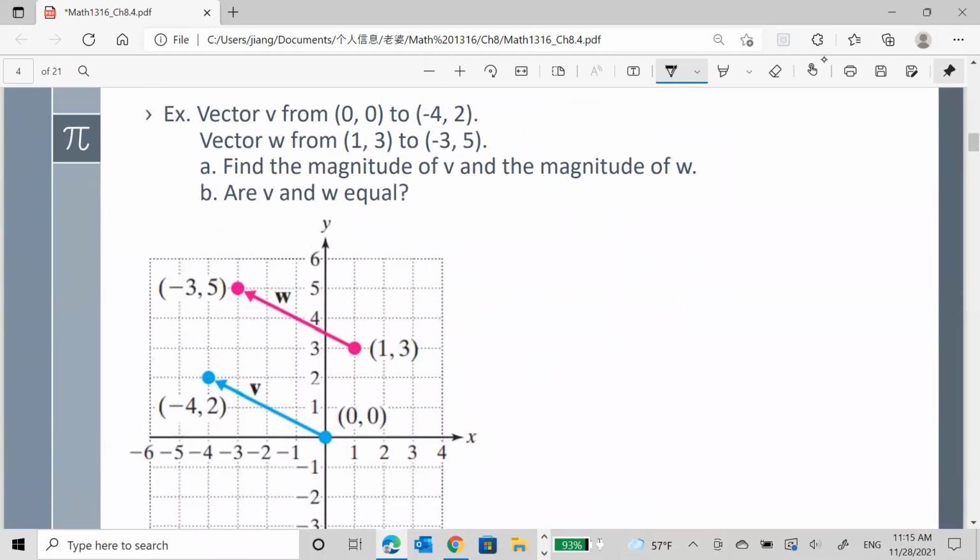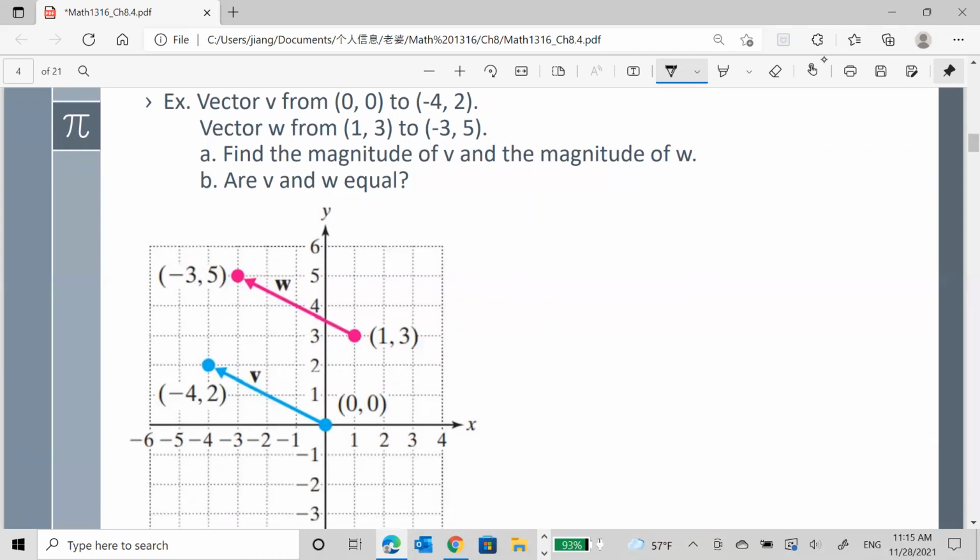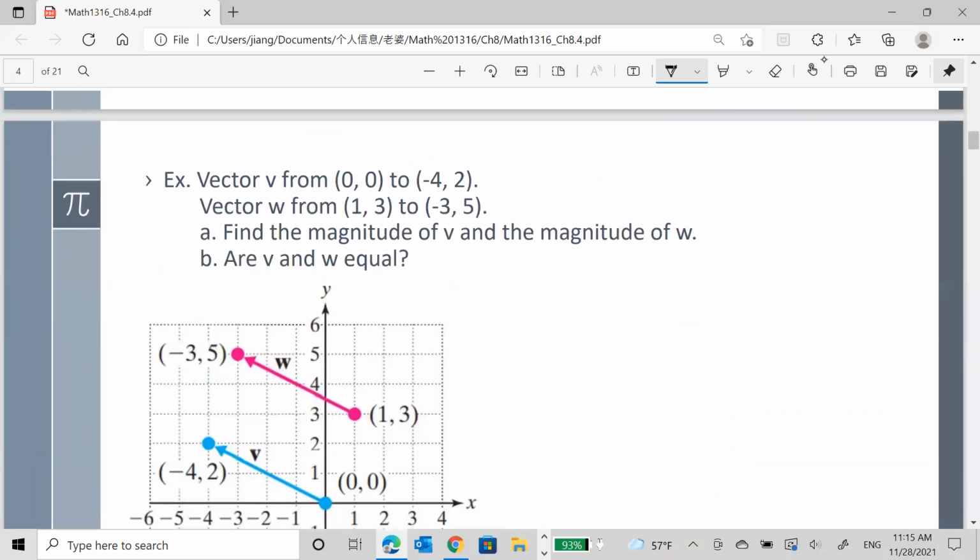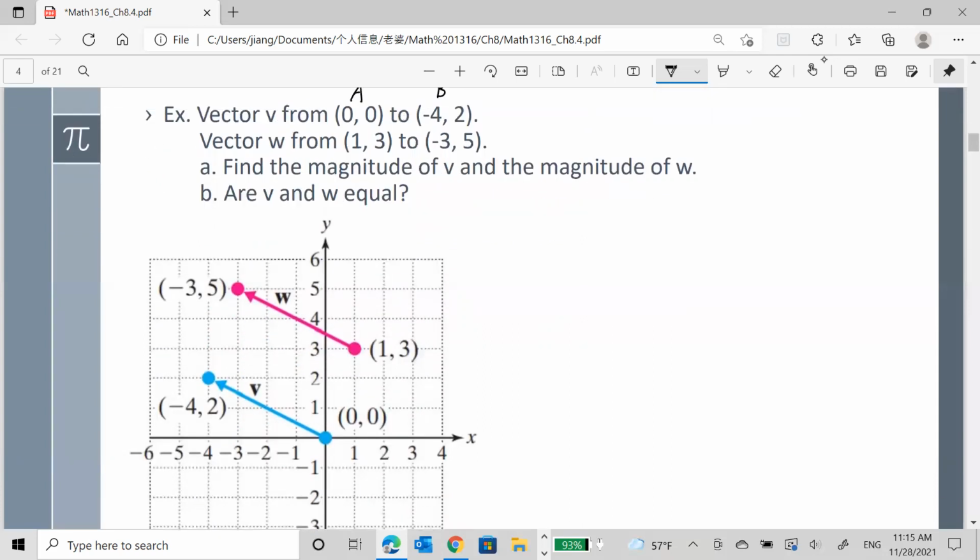Okay, for example, vector v from (0, 0) to (-4, 2). So this is point A, and this is point B. So v is starting from A to B. Find A and B on the image, on the xy plane.